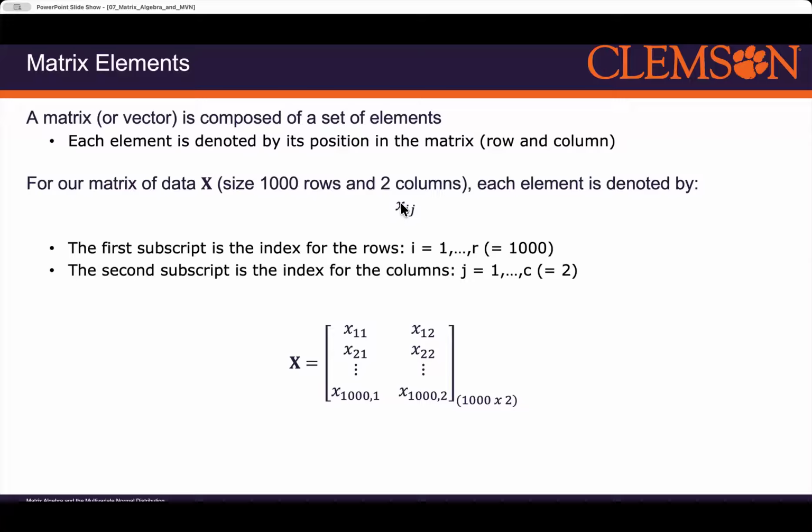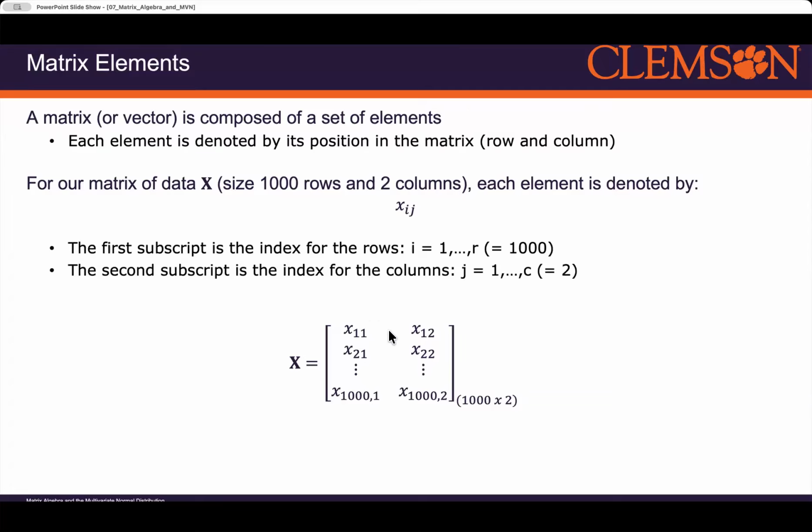Now this x, you'll note, is not bold-faced. More on that on the next slide. But i and j represent the row position and the column position of that observation. So if I wanted the first person's SAT verbal score, it would be lowercase x 1, 1. Similarly, if I wanted the second person's SAT math score, it would be lowercase x 2, 2. Right?